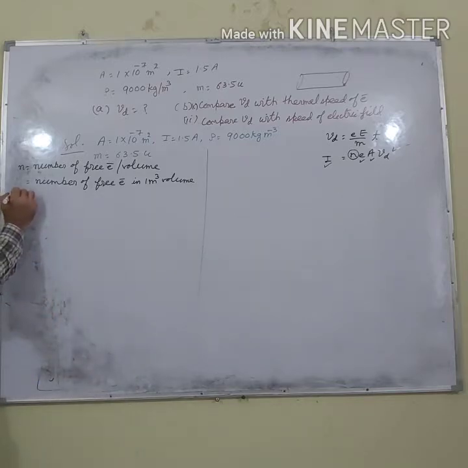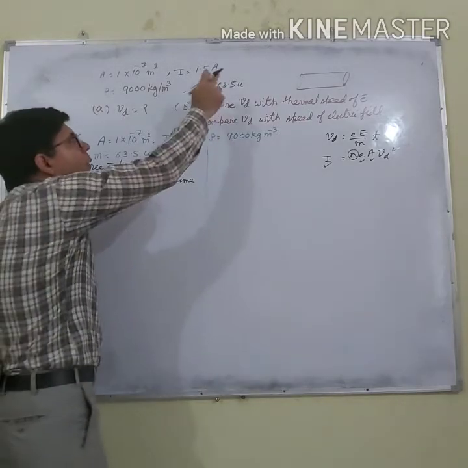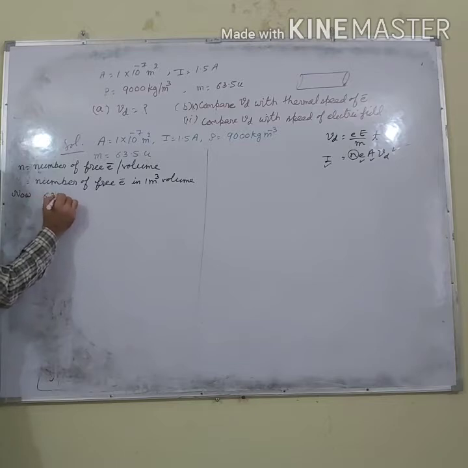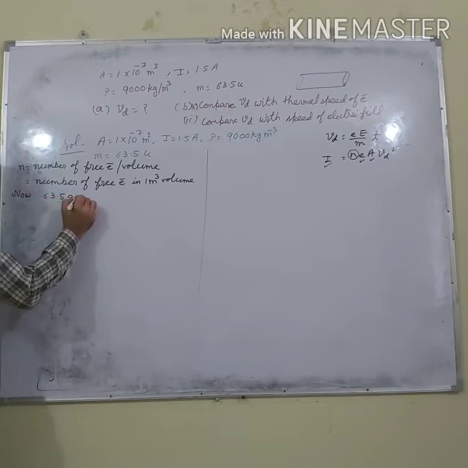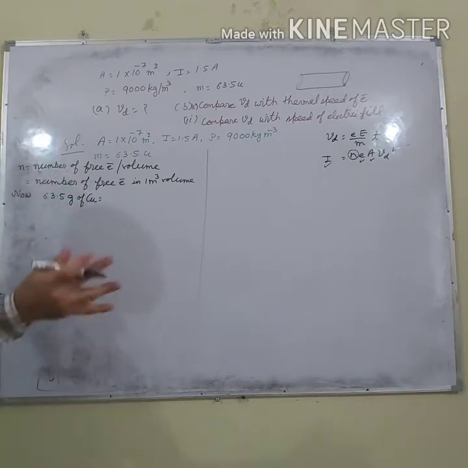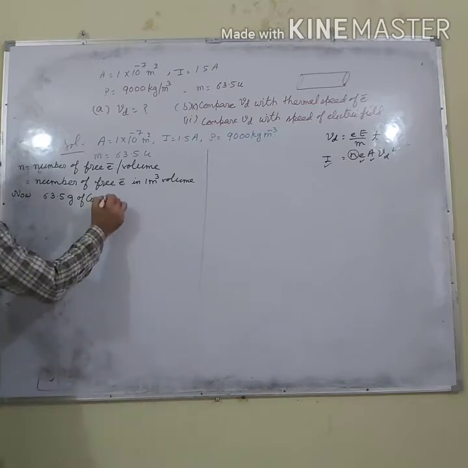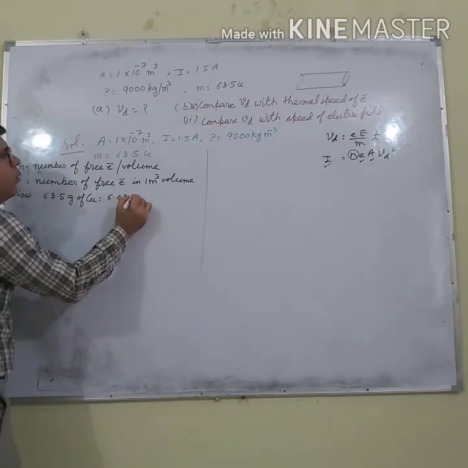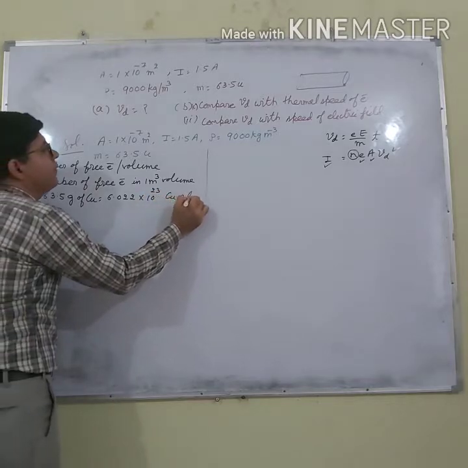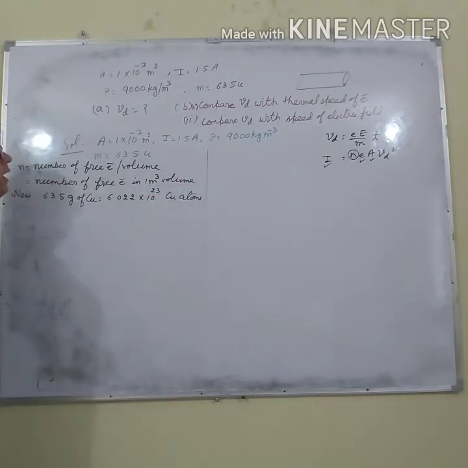Now what we are given? We are given mass of a copper atom is 63.5 atomic mass unit. So what does it mean? It means that 63.5 gram of copper is equal to Avogadro number, that is 6.022 10 to the power 23 copper atoms.